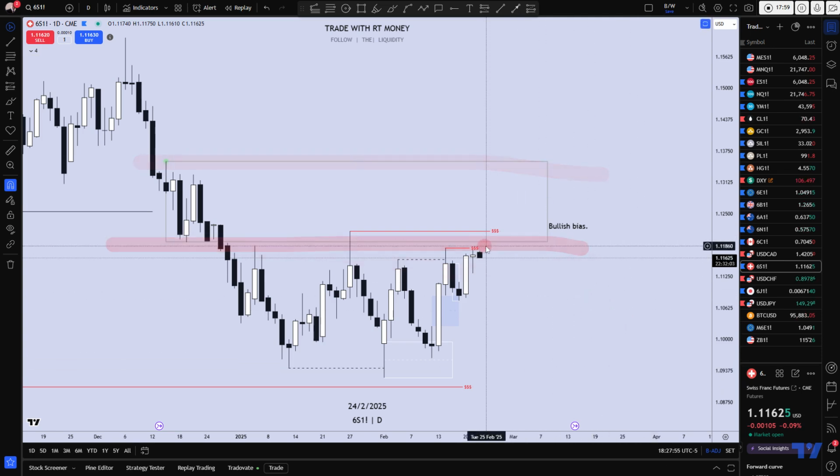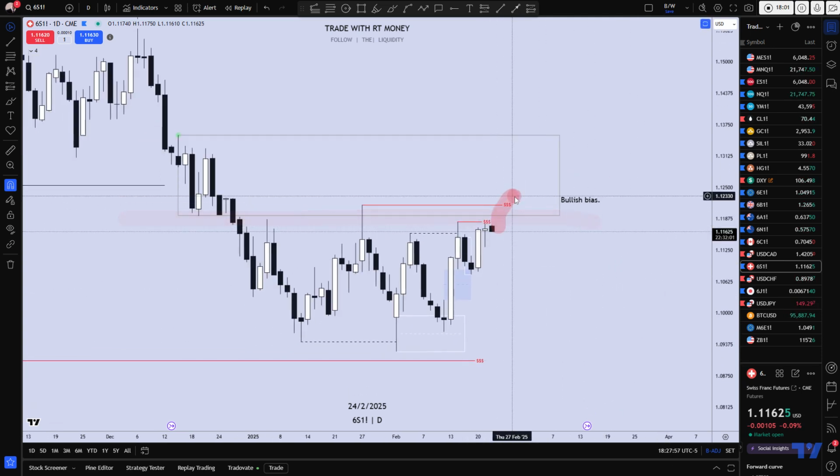We may see a pullback from there. I'll wait and see what happens once it reaches this high. We have our liquidity points for price to take buy side liquidity, and once it does, it will probably pull back, but I don't know how far. We'll see once it gets up there. But I am bullish in this market.